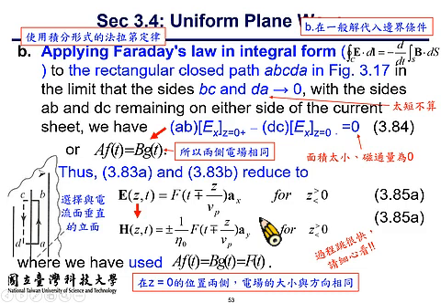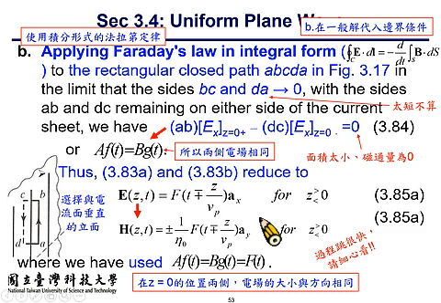Originally, the closed loop integral of E involves four line integrals: AB, BC, CD, and DA. What happens if BC and DA become smaller and smaller?